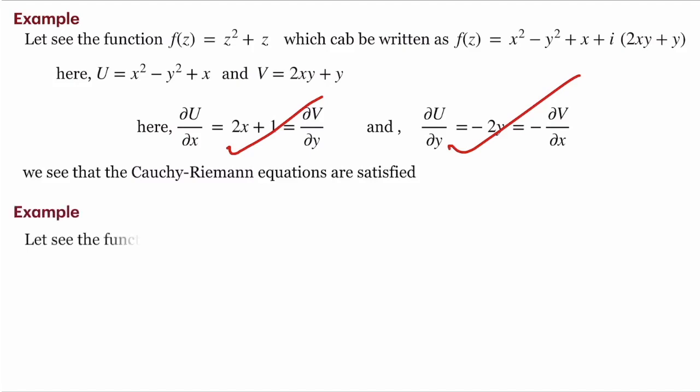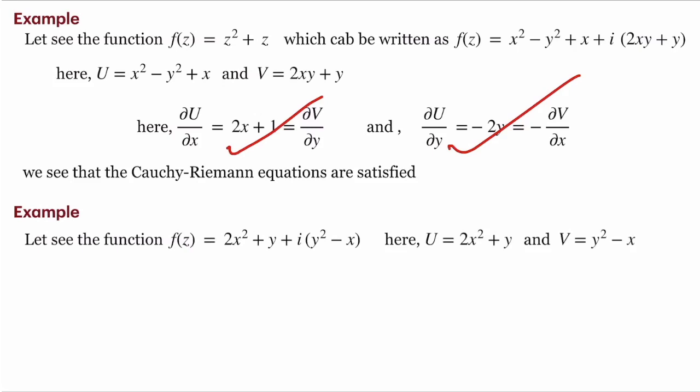Let's look at another example. We have lots of examples in this case. Let's see a function f of z equal to 2x square plus y plus i times y square minus x. It looks like it is constructed by separating the real and imaginary parts.